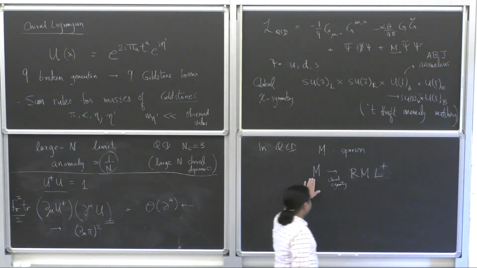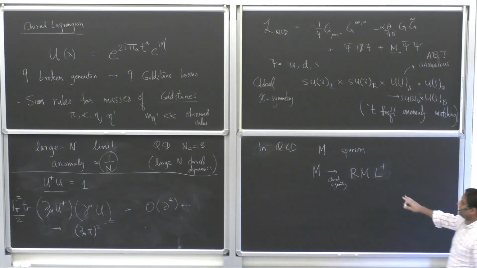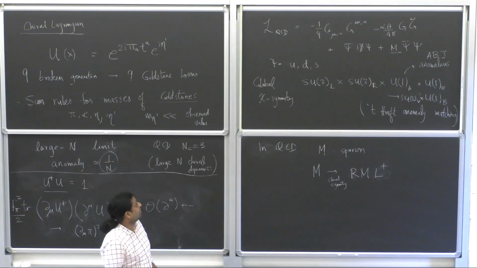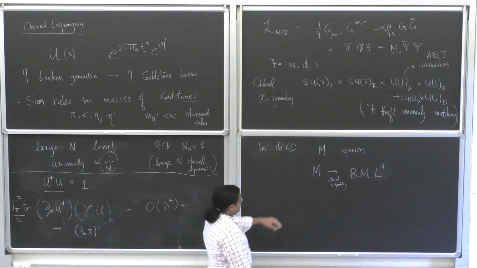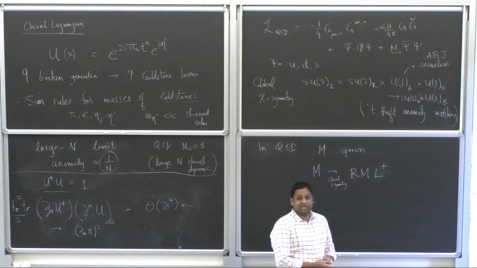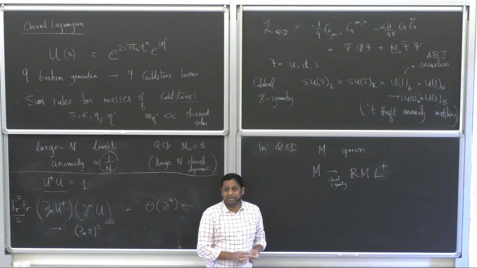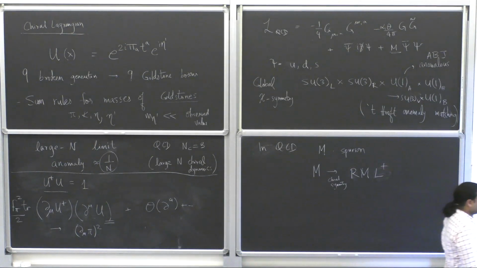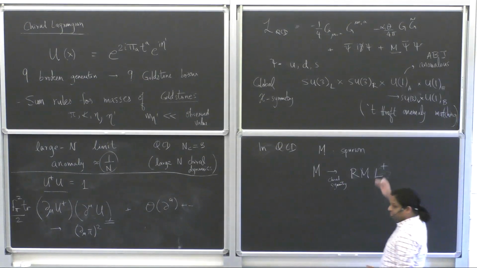Now, of course, M is a fixed parameter, so M doesn't transform under any of your symmetry transformations. But if we assume that M goes to this under, say, a global chiral symmetry transformation, then the QCD Lagrangian would actually be invariant under these transformations, right? So including spurious transformations of M, we would have an exact symmetry in the QCD Lagrangian.